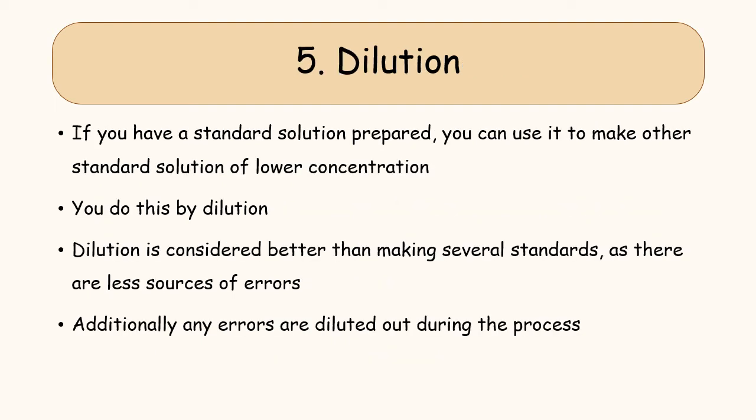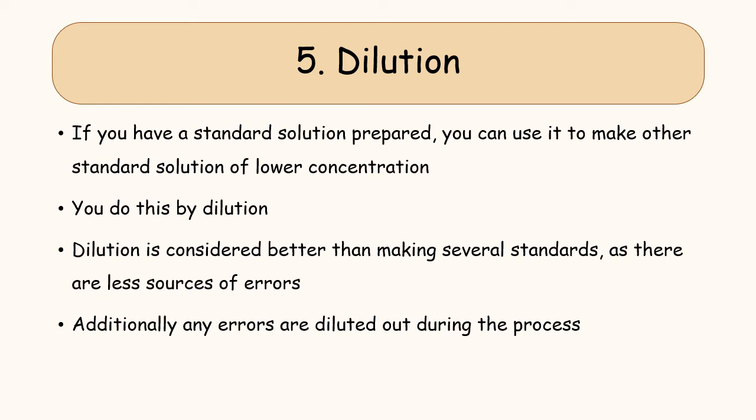The last thing is dilution. Now, if you have a standard solution prepared, you can use it to make other standard solutions of lower concentration by diluting it. Now, the process of dilution is better than making up every standard from scratch because there are less sources of errors and because you're working with liquids, which are easier to transfer than solids.